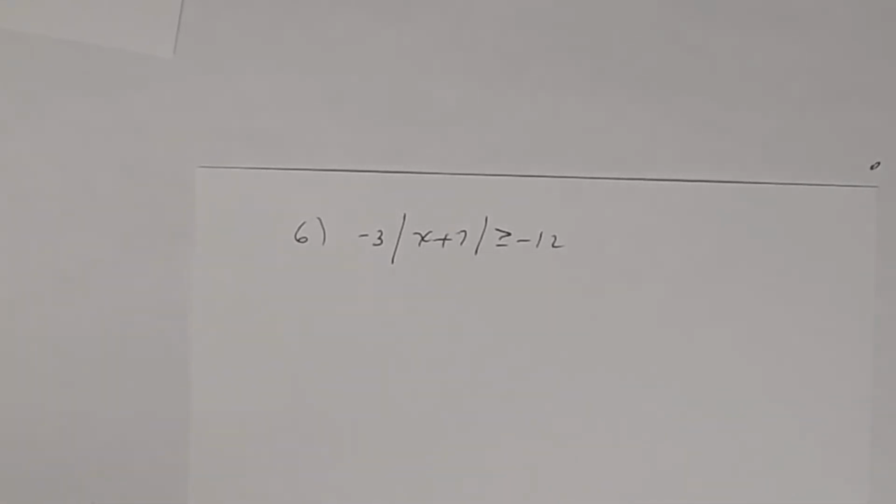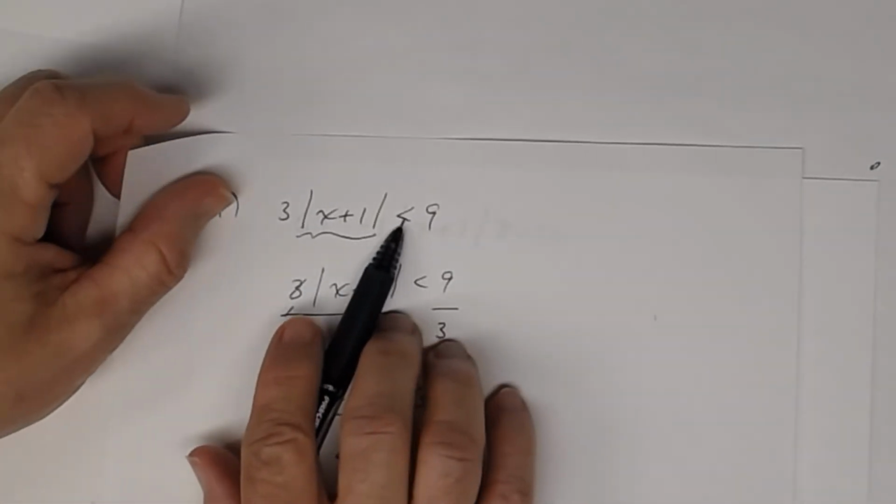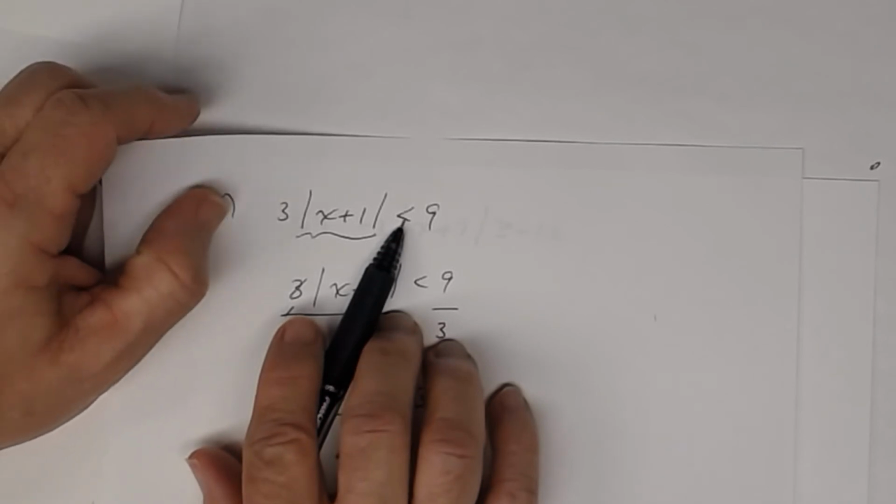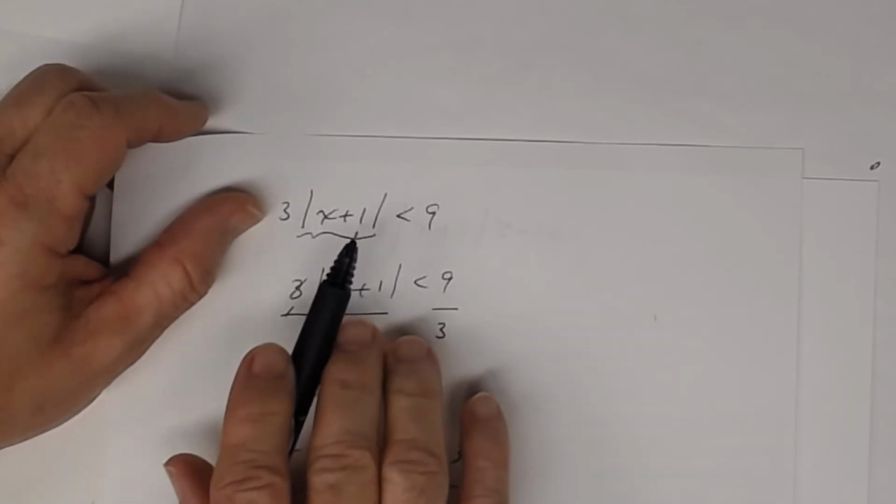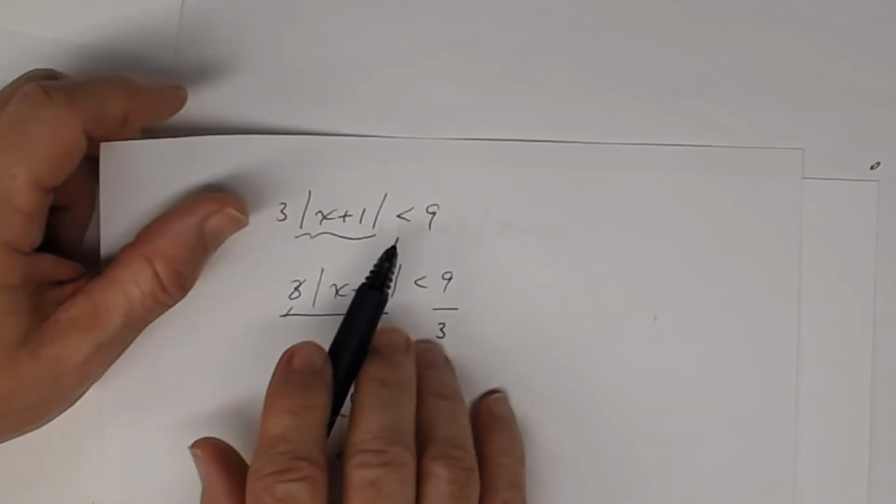All right, now be careful, because the process for solving an absolute value less than is not the same as it would be if this were greater than, so you've got to be careful.